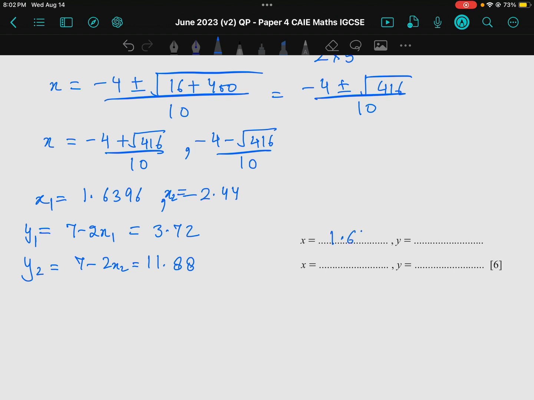So when x is 1.64, y is 3.72, and when x is minus 2.44, y is 11.88. Answer.